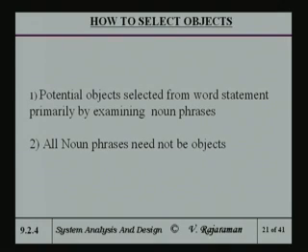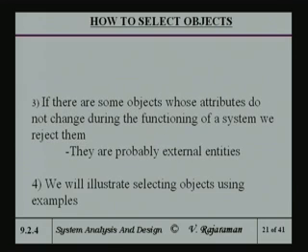So you select potential objects from the word statement, primarily by examining noun phrases, and I said that all nouns need not be objects. If there are some objects whose attributes do not change during the functioning of the system, reject them. They are probably external entities. In other words, the attributes will change during the course of the operation of the system.